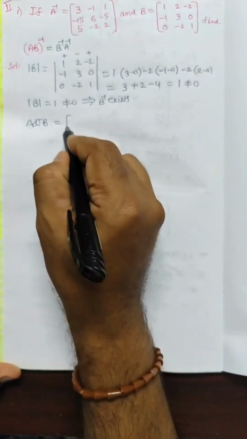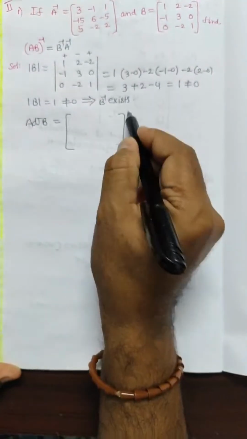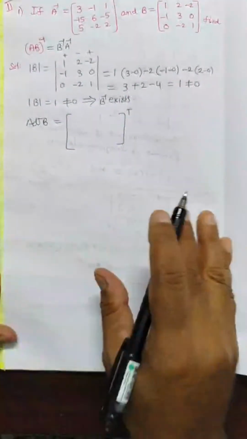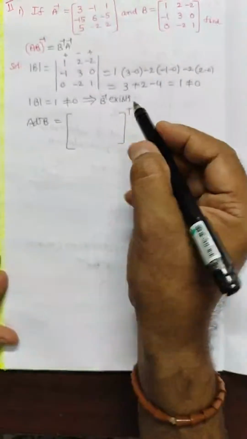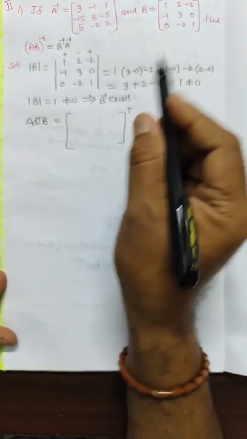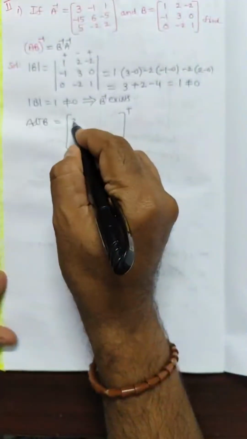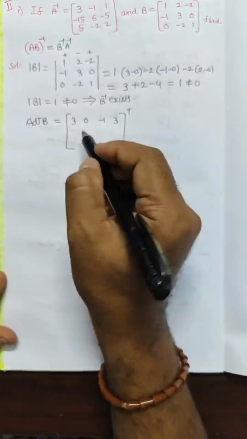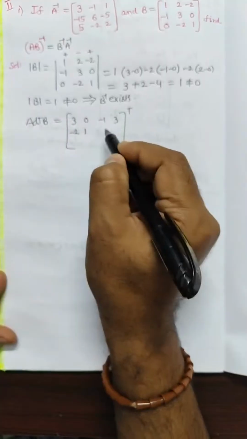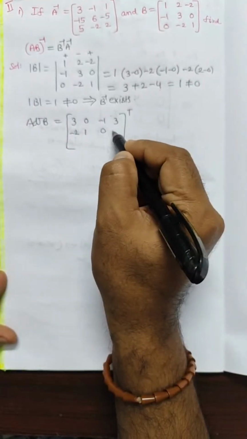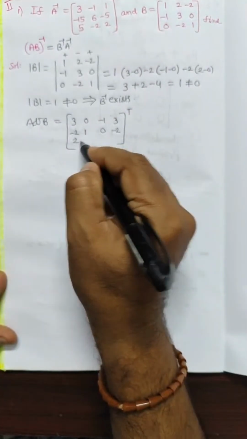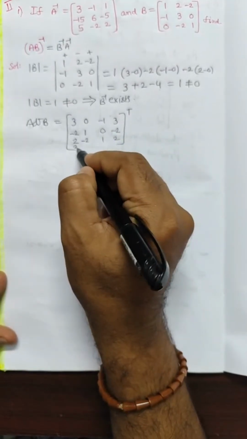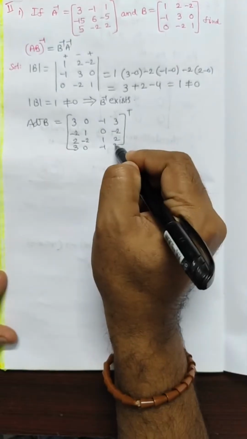Adjoint B is equal to the transpose of the cofactor matrix. So we are writing that cofactor matrix: 3, 0, minus 1, 3, minus 2, 1, 0, again minus 2, 2, minus 2, 1, 2, again 3, 0, minus 1, 3.